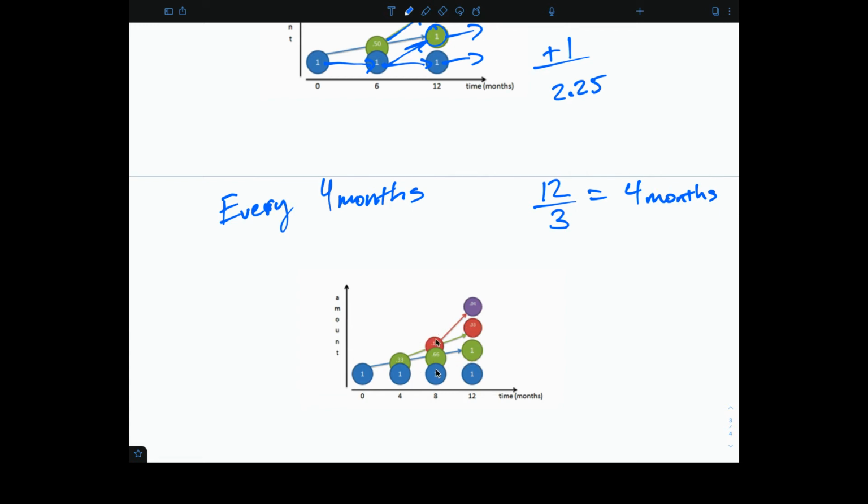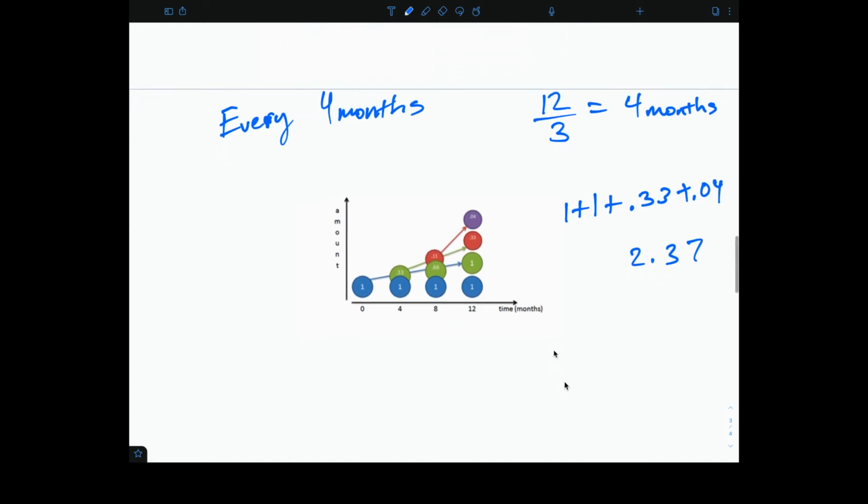And then the 11% increases by 33%, which gives you 0.04. And so now when we add these up, we get 1 plus 1 plus 0.33 plus 0.04, which is going to give us what? That's 2.37.